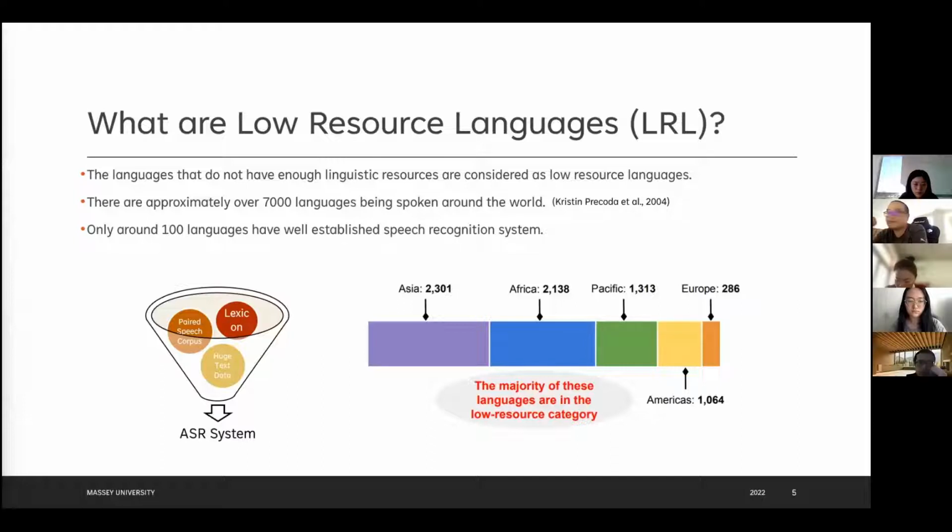We have over 7,000 languages around the world, but only approximately 100 languages have a matured ASR system. The reason is that most of these languages don't have enough speech and linguistic resources needed for building the system.